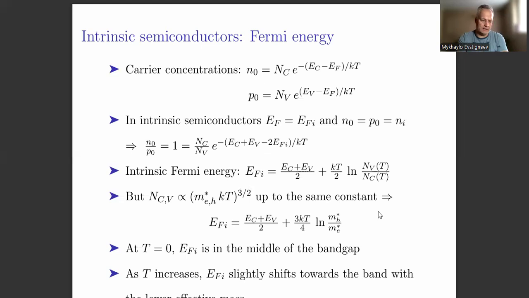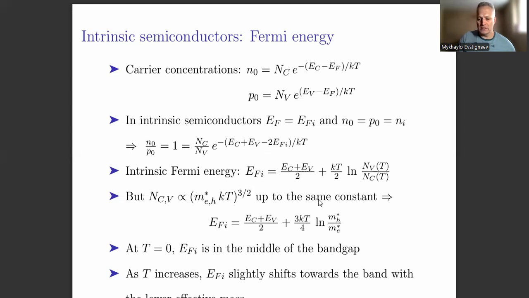Or quantum state, highest occupied plus lowest unoccupied quantum state divided by 2. Here, the highest occupied state is at the top of the valence band, and the lowest unoccupied quantum state is at the bottom of the conduction band. So that's the Fermi energy at absolute zero temperature.